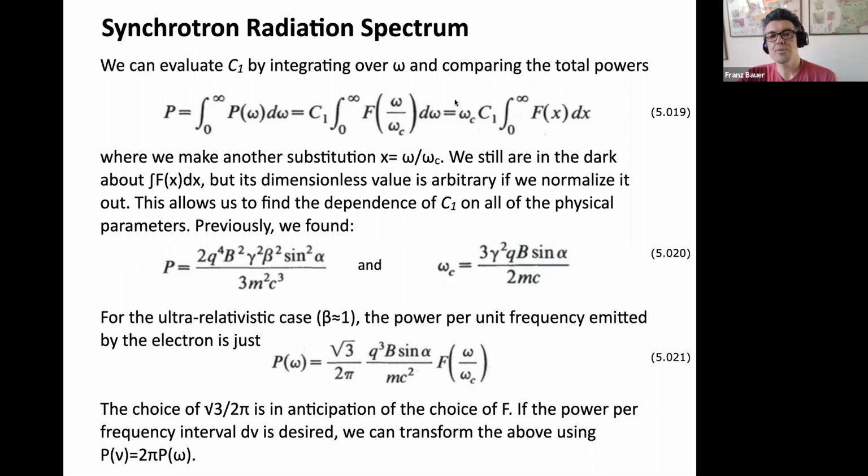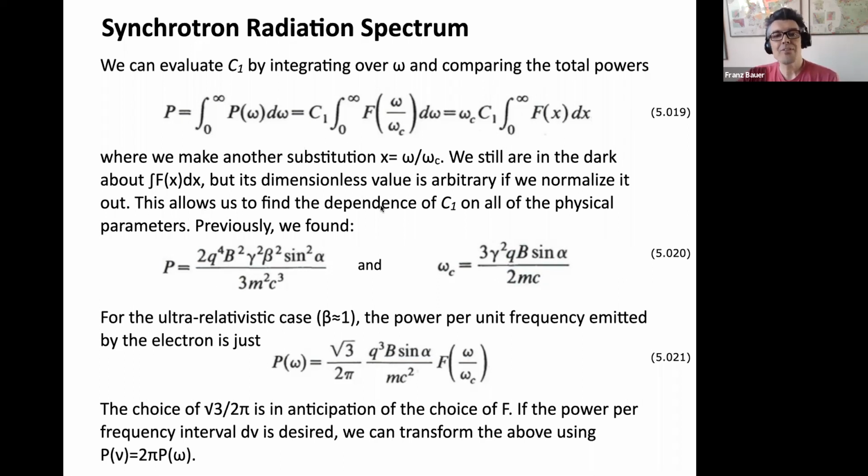So the power is proportional to our cutoff frequency, some normalization which we need to define, and then some integral over a weird function, which is a function of frequency. So we have no idea what this is. It's a dimensionless value though, which is useful.